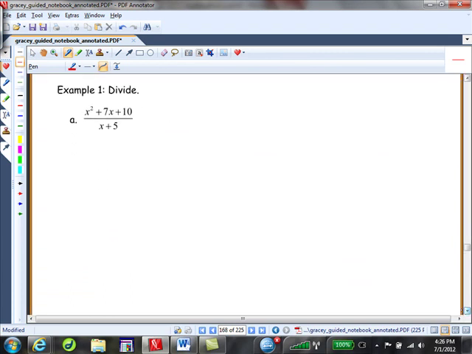All right. So inside the house, we're going to have the dividend, which is x squared plus 7x plus 10. The divisor goes outside the house. I'm going to put parentheses around it, and you'll see why shortly.